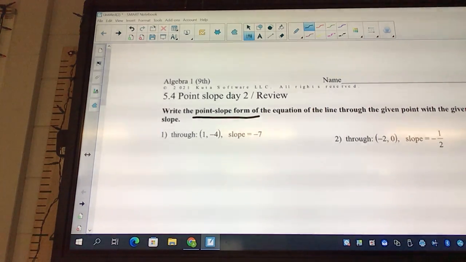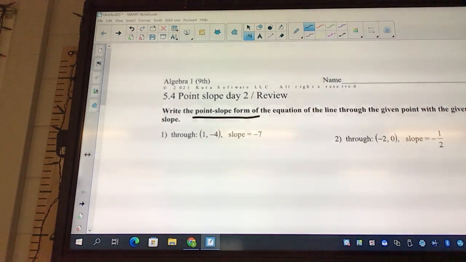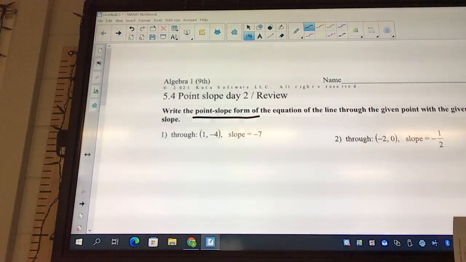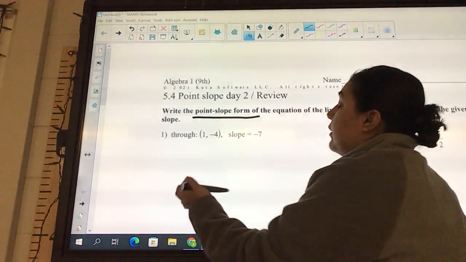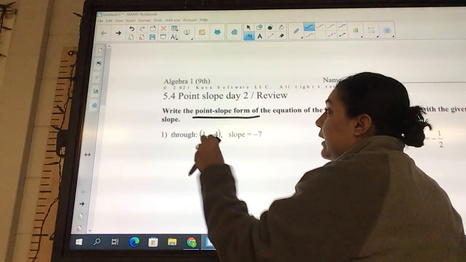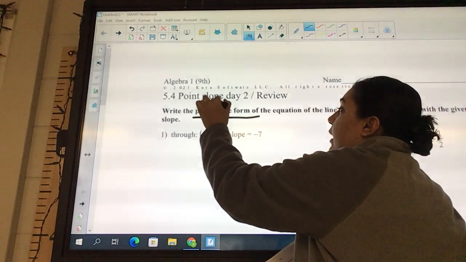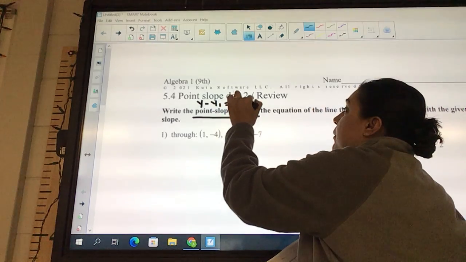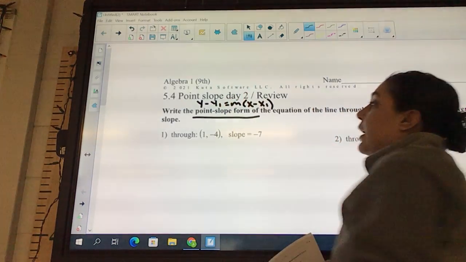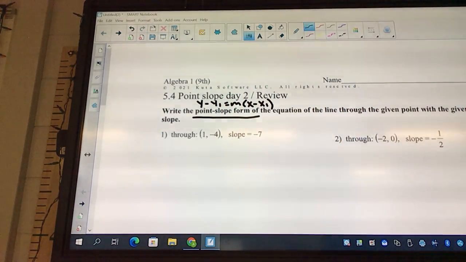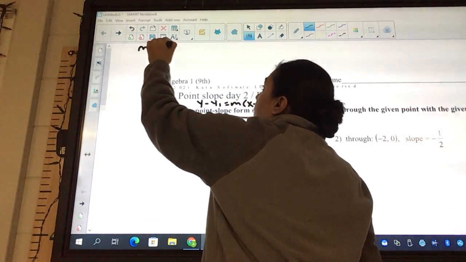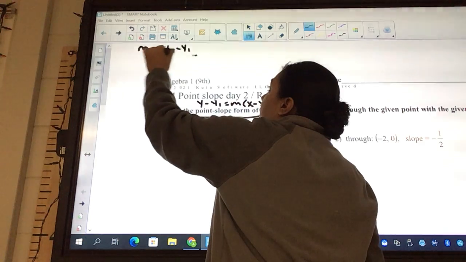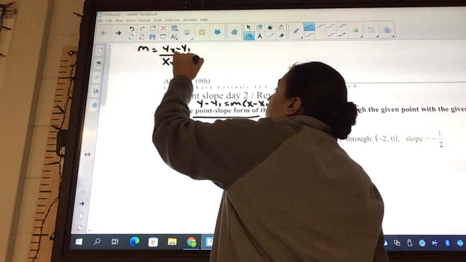This very first part, we need to know what we need our answer to look like. Point slope looks like y minus y1 equals m times x minus x1. You have 3 formulas that we've done so far. The first being slope, that's our m. We say y2 minus y1 over x2 minus x1.